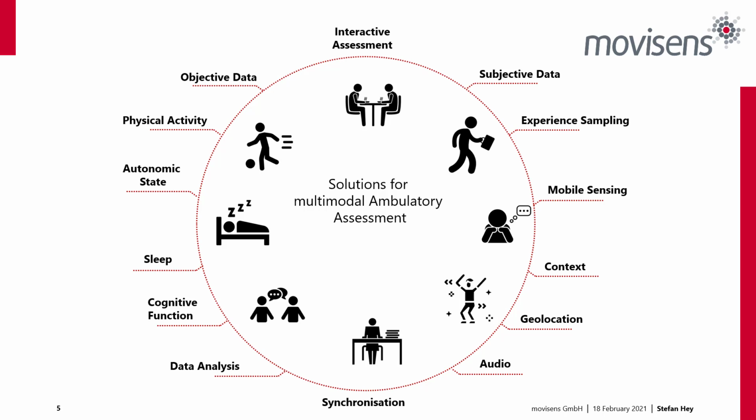So in order to do that, we need to gather elements of information, and on the left-hand side, we're dealing primarily with the objective data, so physical activity measured via our physical activity monitors and our different sensors. Also, in particular, the autonomic state. A lot of researchers have a lot of questions about changes in the autonomic state and the context around them.